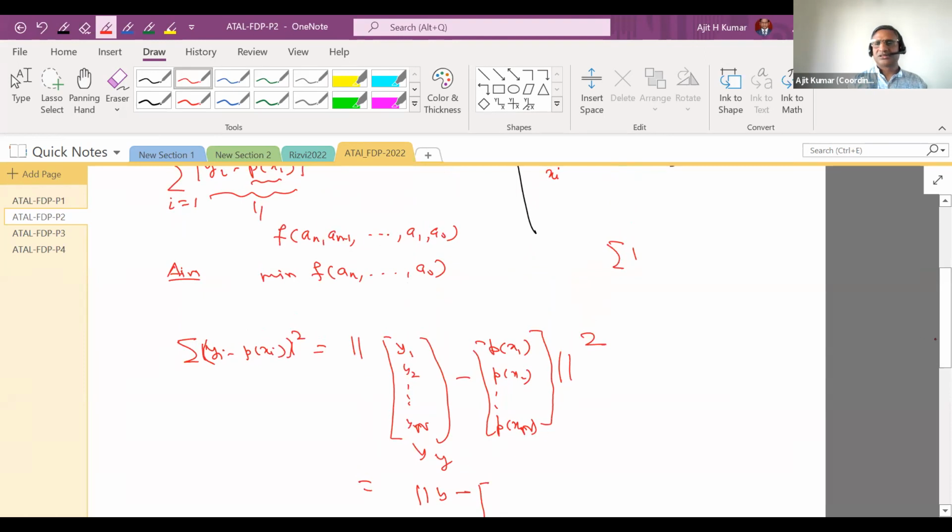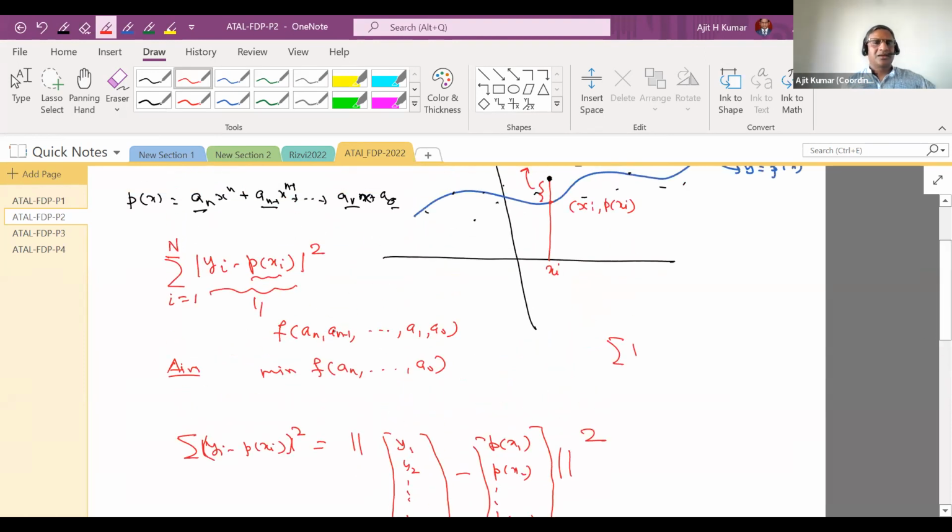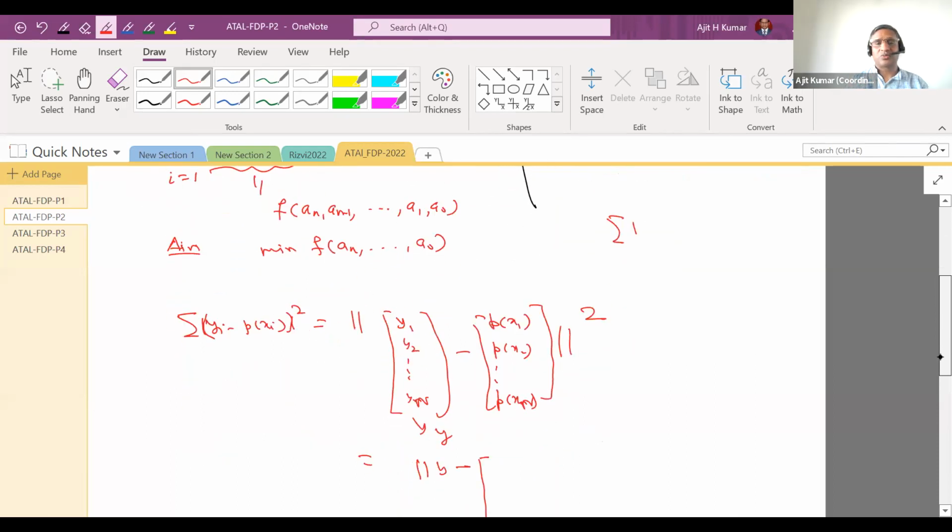It is an xn, sorry, an x1 to the power n plus a(n-1) x1 to the power n-1 and so on.